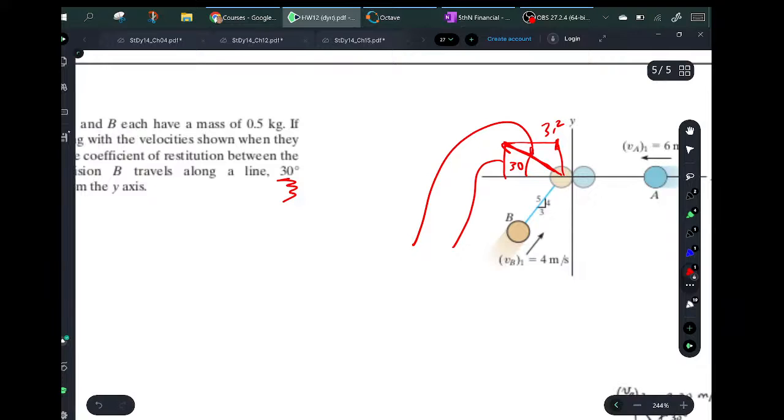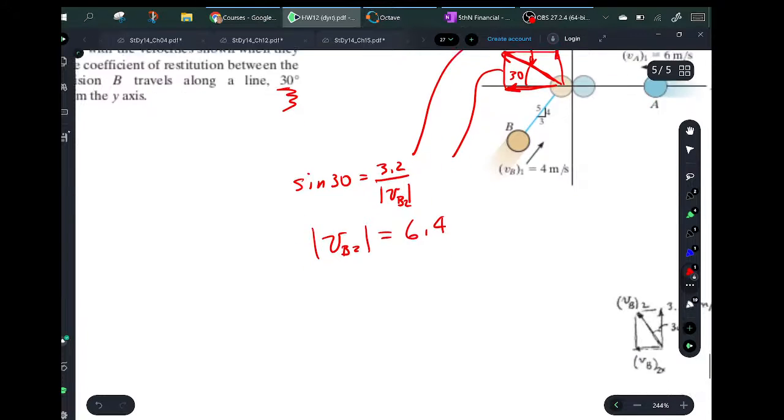First of all, I'll find the magnitude. So the cosine of 30 degrees is going to be equal to this distance. So really, actually, I think I better do the sine. Sine of 30 degrees is equal to 3.2 over the velocity B magnitude at 0.2. So velocity B magnitude is going to be 6.4. Is that true?